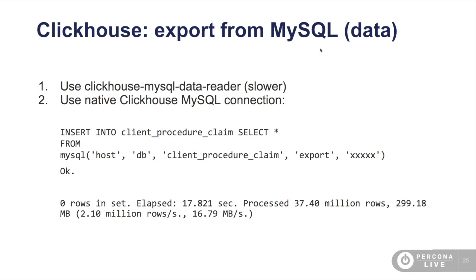It has this MySQL function or table, right? So I can basically do insert select, and the select part will connect directly to MySQL. So in 17 seconds, I have basically exported the whole table.